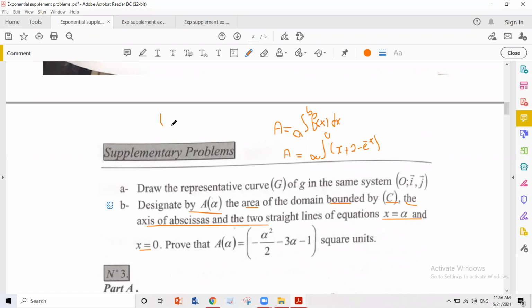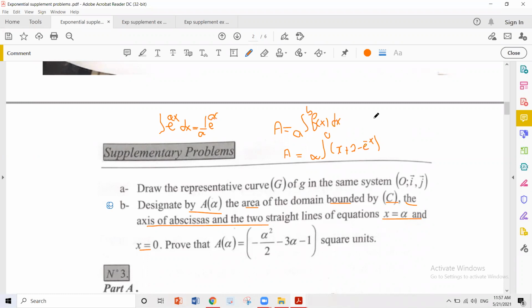What's the rule for the integration of e to the power ax? One over a, e to the power ax. Good.